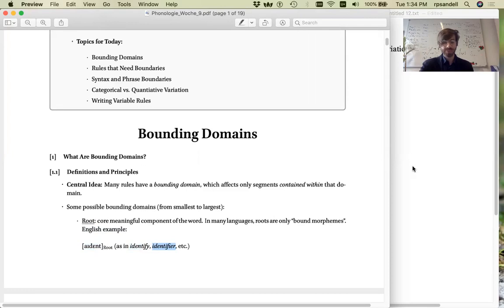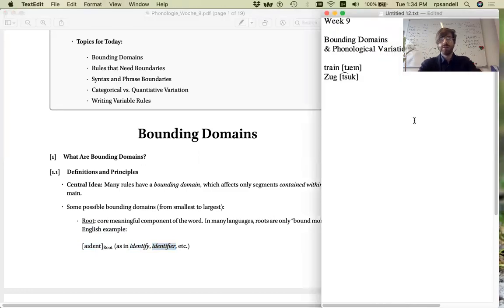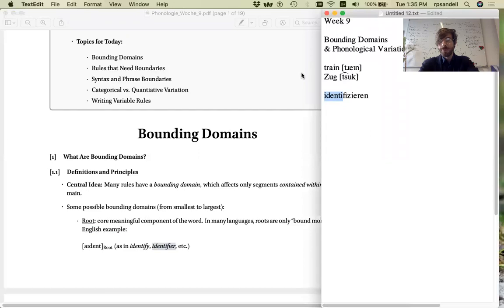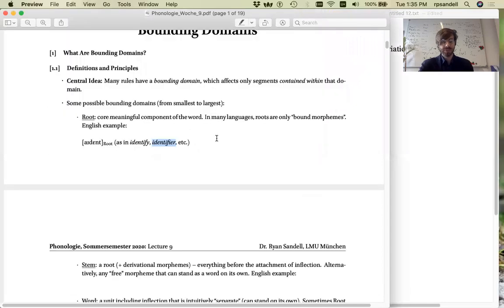Similarly, in German, if we take the verb identifizieren, there we can identify a root in here, which would correspond to the same root in English. It has the same Latinate root in both the English and the German, but it's been extended with other derivational material to make the whole verb.